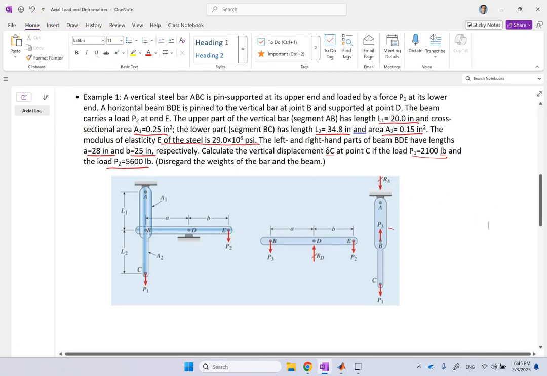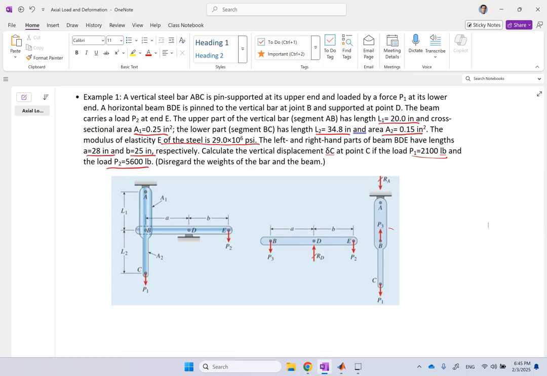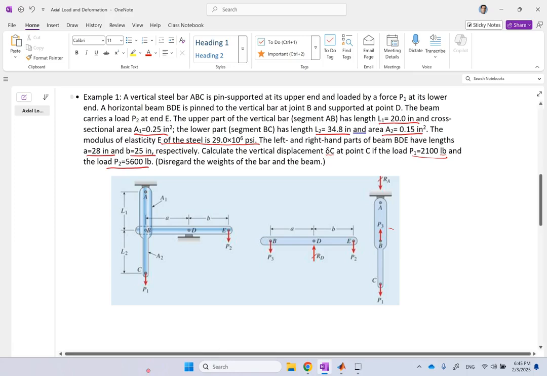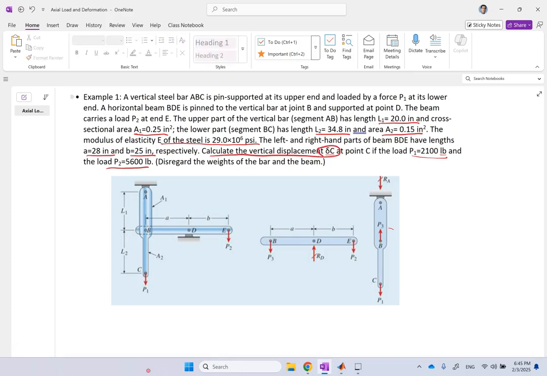And everything is made of steel, right? So the material is the same all over the place. And what you need to find is the vertical displacement at point C. So we need to find delta at point C, how much this point goes down, basically, based on this loading that you have.